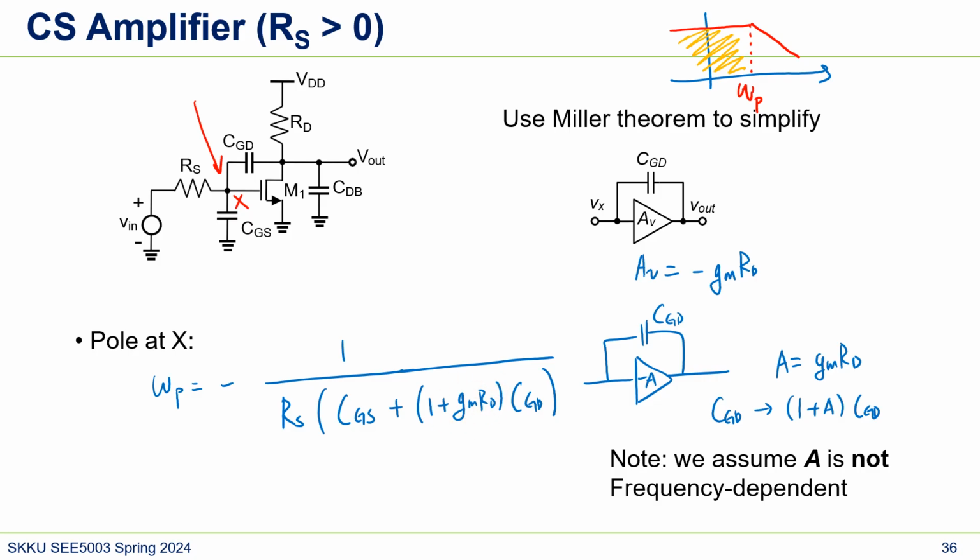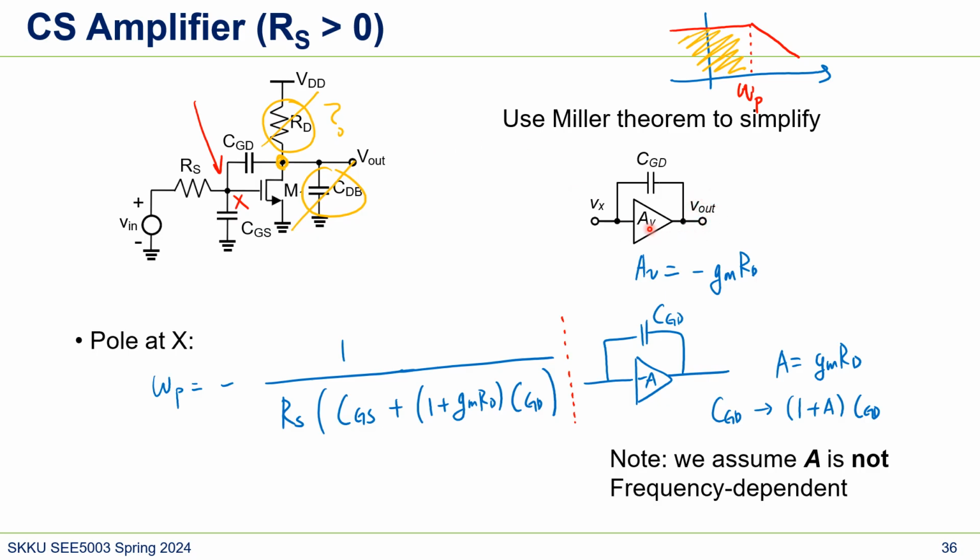And the other point is that you see this point. As I said, to get a pole, we need to see R and then the capacitor, which is this one and this one. But how about these things? Should we consider this or this? It turns out, no, we can just ignore this because this node corresponds to this node.